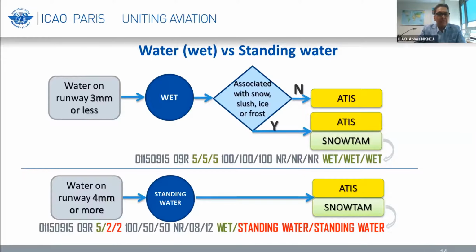You can see the second and third parts of the runway, the condition code reduced from 5 to 2, which has a lot of meaning in terms of aeroplane performance for aircraft operators. And you can see the last part: wet, standing water, standing water.